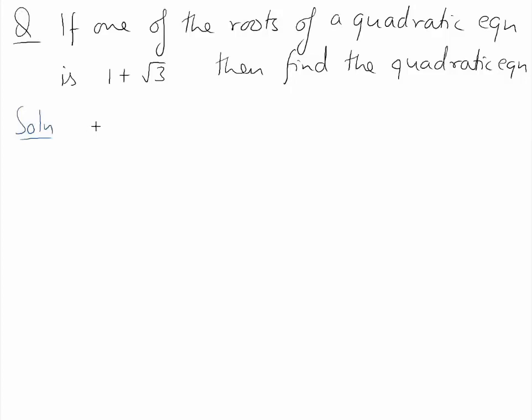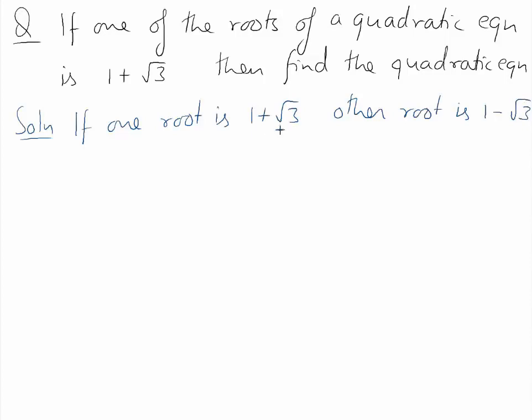Now here we'll use that property. If you recall, in the tree diagram we have seen that irrational roots always occur as conjugate pairs. So if one root is 1 plus root 3, the other root has to be 1 minus root 3, because these two form conjugate pairs. Now this is alpha and this is beta.